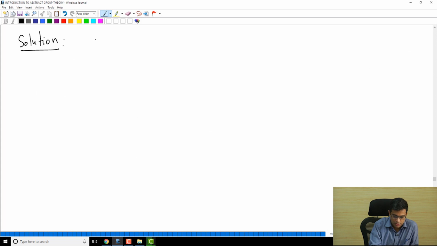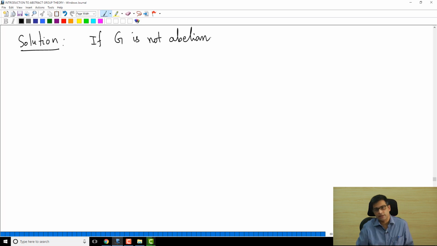So, maybe I should write this. If G is not abelian, because the definition, remember, is that G is abelian if you give me any pair of elements A, B in the group, AB equals BA. This must be true for all elements A, B. So, what is the contrapositive of this?